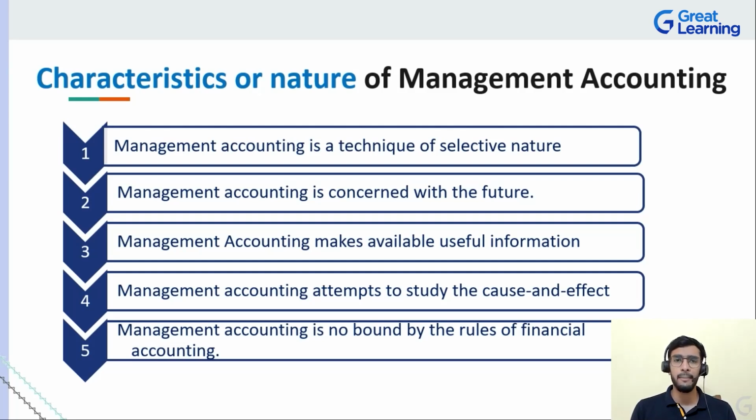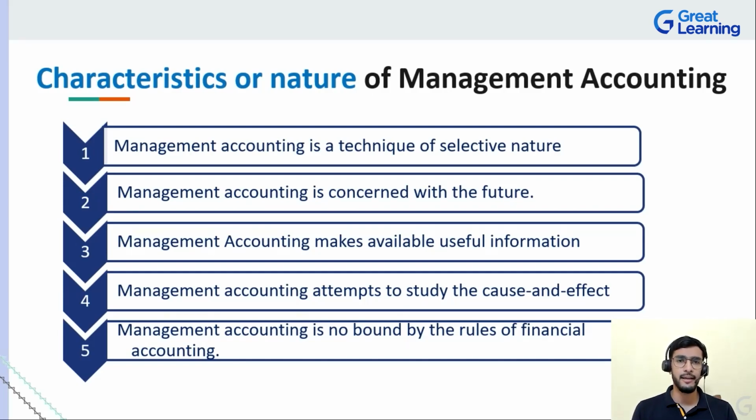For example, a management accountant only requires the balance sheet and the profit and loss statements to do his quantitative and qualitative analysis and provide a report to the upper management. Due to this selective nature, using only these two statements to arrive at a conclusion, the technique is known as selective in nature.